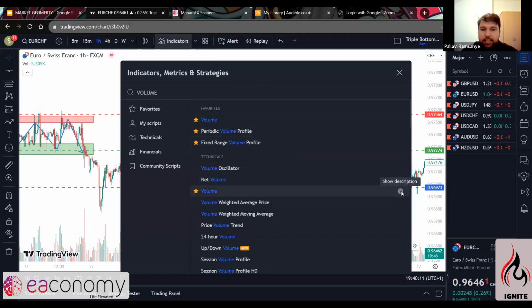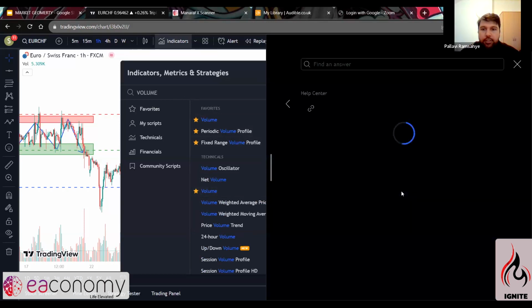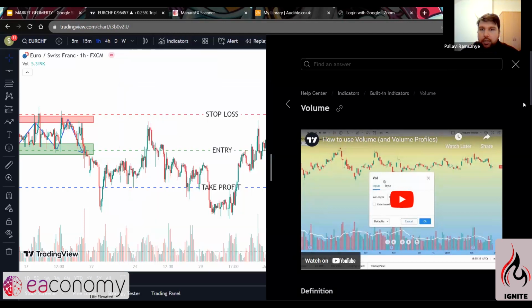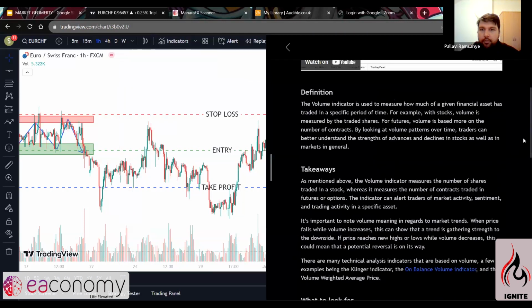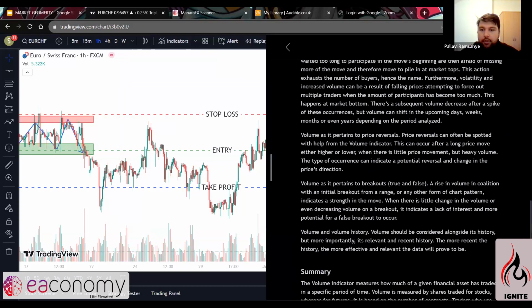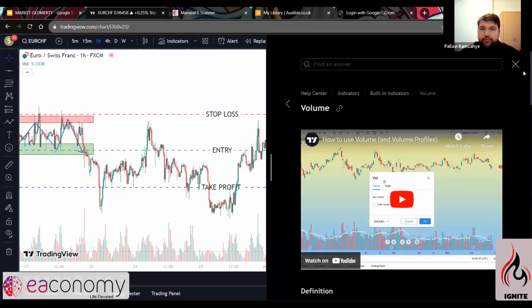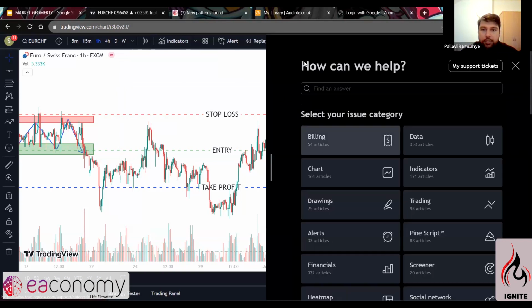Usually it does say some more detail, so I'm going to show the description, hopefully it shows some more detail with regards to which indicator it is or who it's developed by. So it doesn't actually show anything about that.